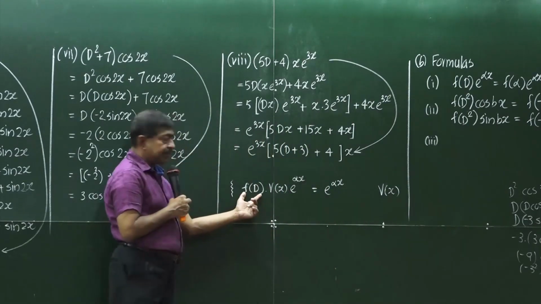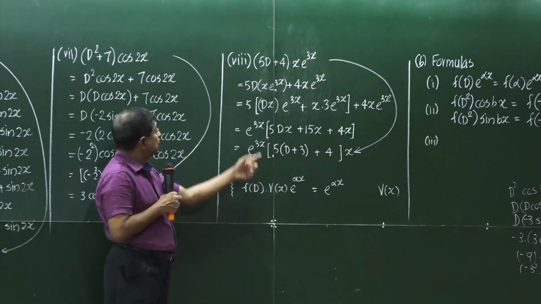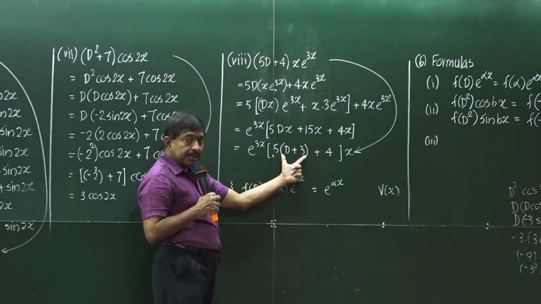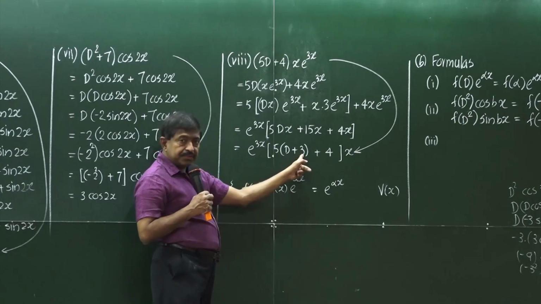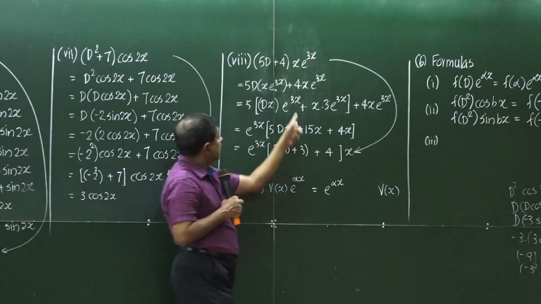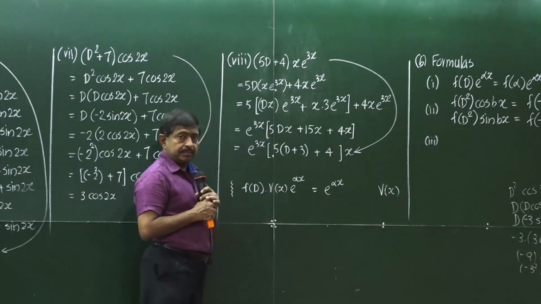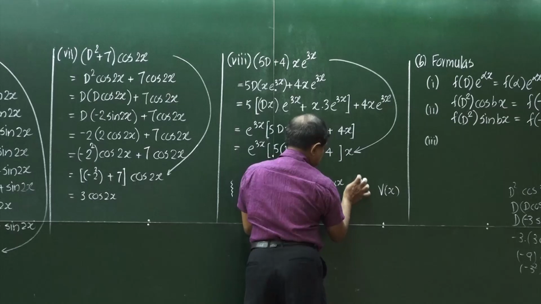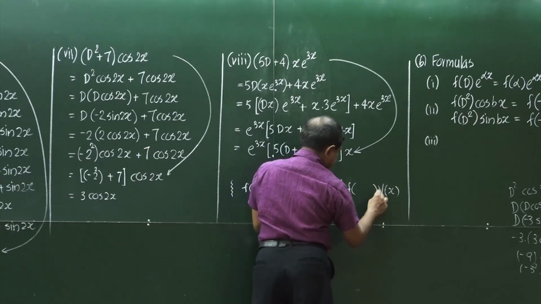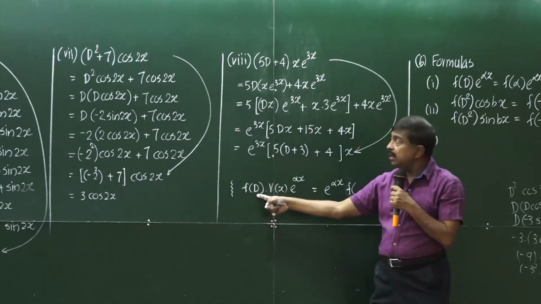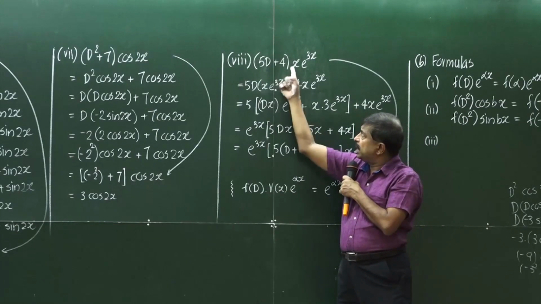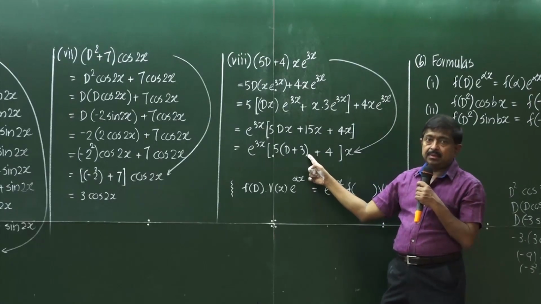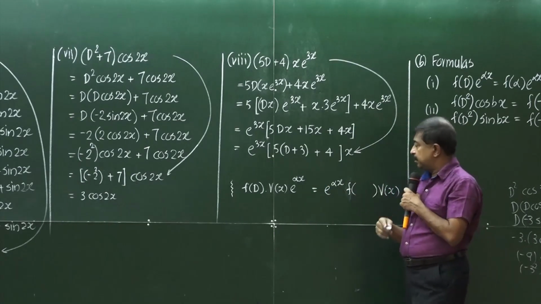Now what happens to this? Look, here you have D. Here you have D plus 3. Look at the relationship. Where does this 3 come from? It comes from here. Right? That means earlier we had f of D. Now what happens? This is f of D. Now D is replaced by D plus 3, or D plus what? Alpha.